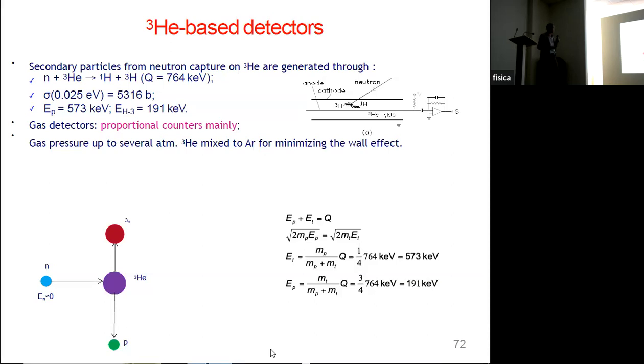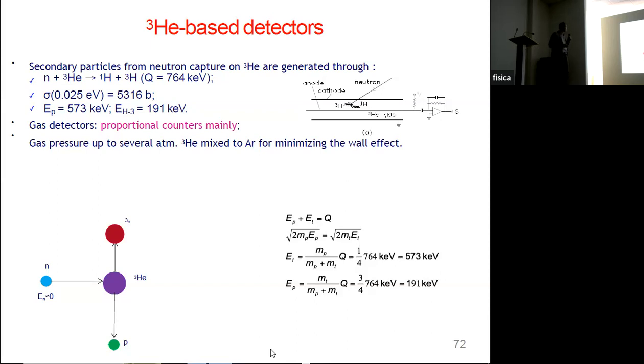This detector looks like a typical proportional counter, which I described in detail in my second lecture. It has a cylindrical geometry. Remember, the cathode is the outer surface of the cylinder, and a thin metal wire located inside the cylinder serves as the anode.